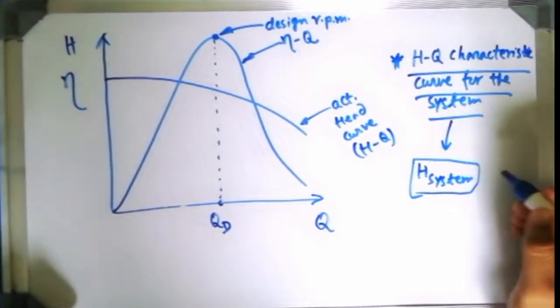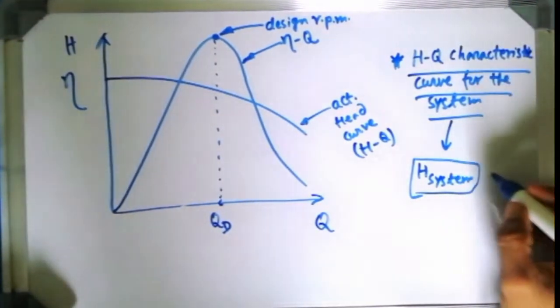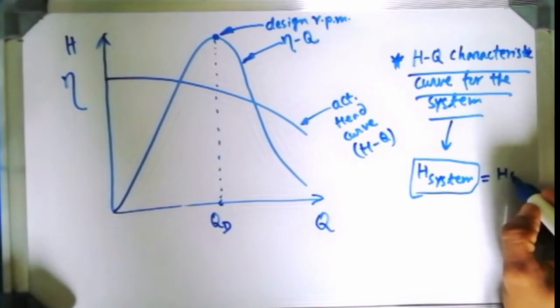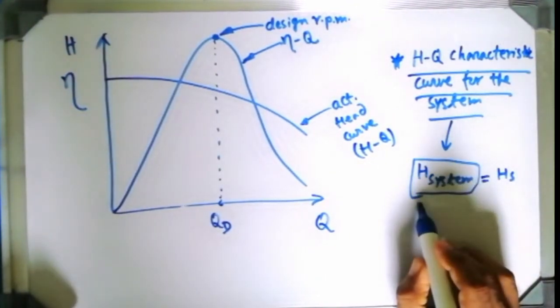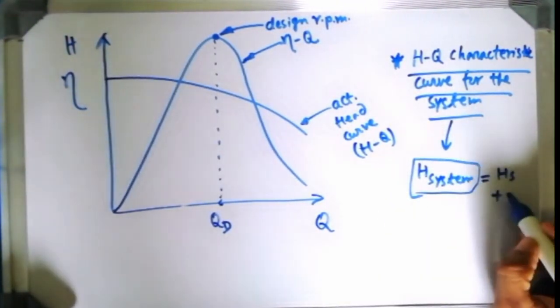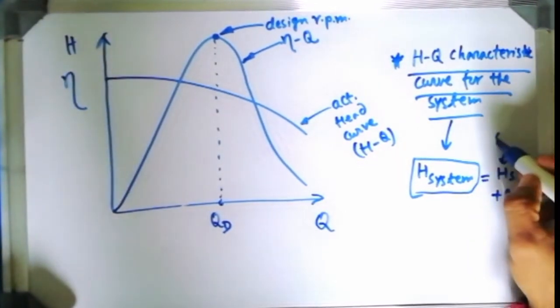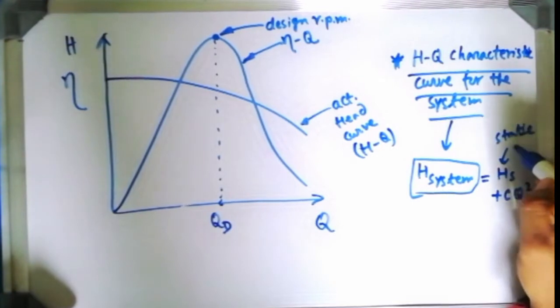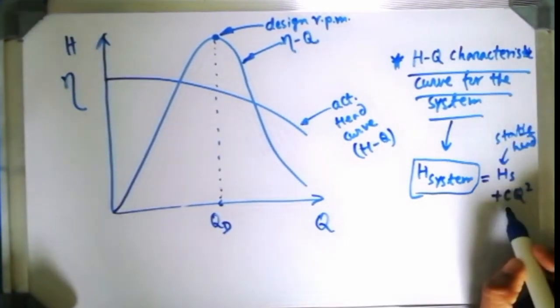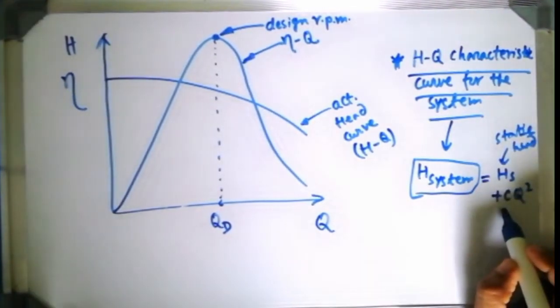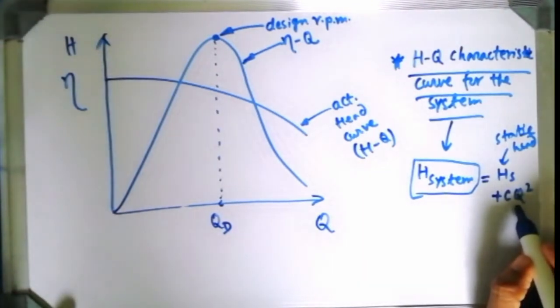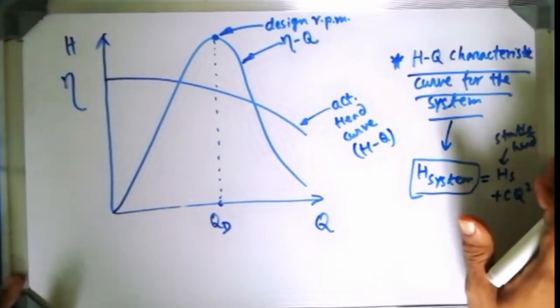It can easily be shown over here, but I don't think you are interested in it. So H system can be expressed by HS plus CQ square. HS is the static head, C is basically a constant and Q is the discharge. So this expression can easily be developed.